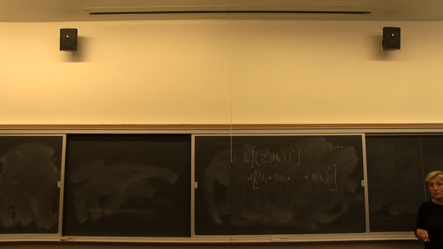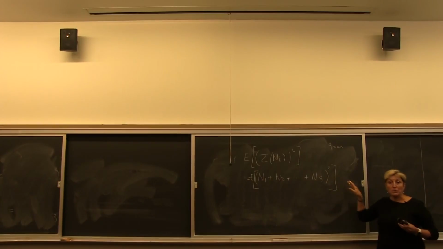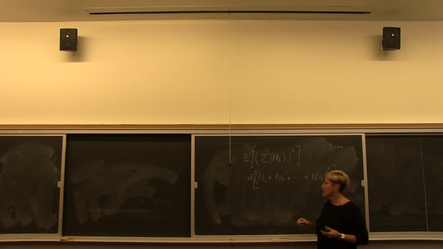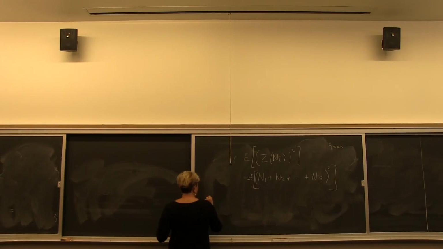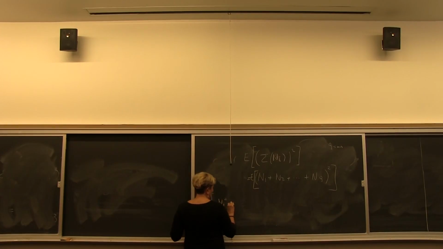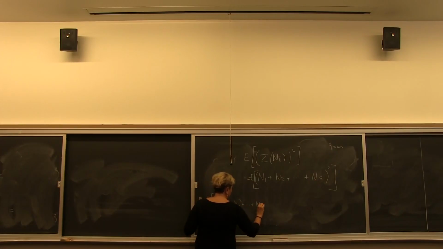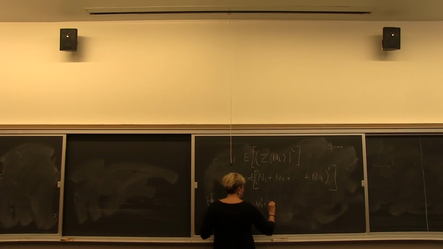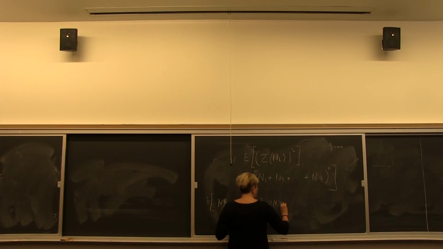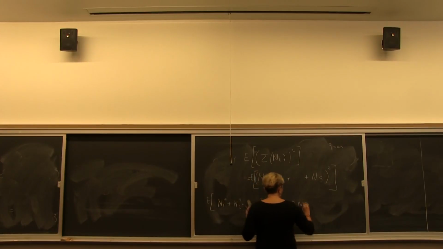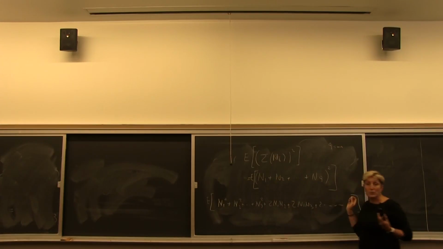The cross terms vanish because of this independence. Right. So I could expand this expression, right? So I have a square, and so we have something that looks like the expected value of n1 squared plus n2 squared plus n9 squared plus 2 times n1 and n2, 2 times n1 and n3, and all the cross terms.